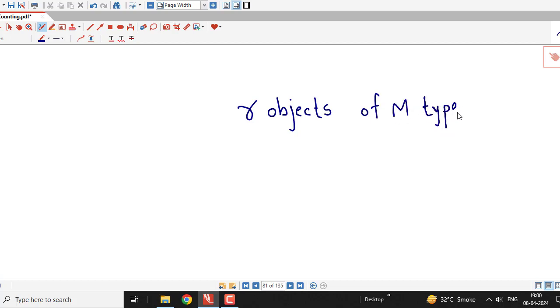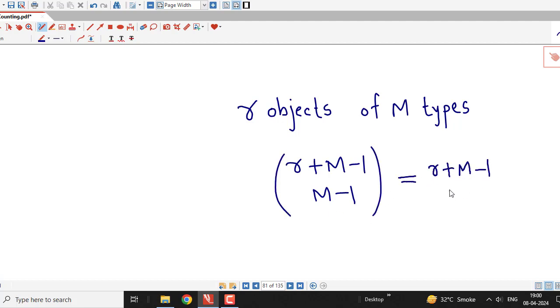In the previous lecture we saw one result about combinations with repetition, which says that suppose we are interested in selecting R objects of capital M types. The number of ways or selections is given by R plus M minus 1 C M minus 1, or R plus M minus 1 C R, where combinations with repetitions are allowed.